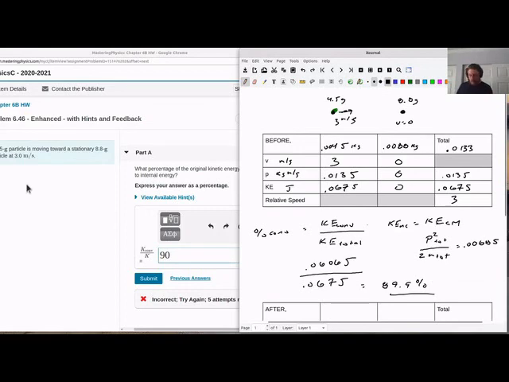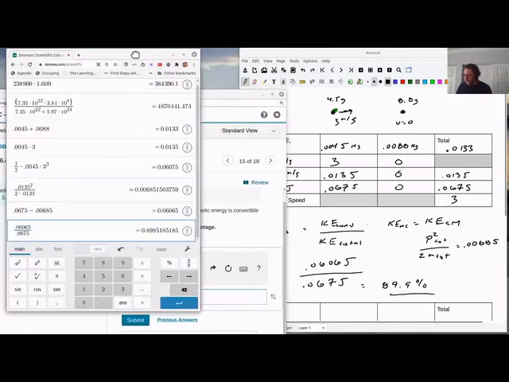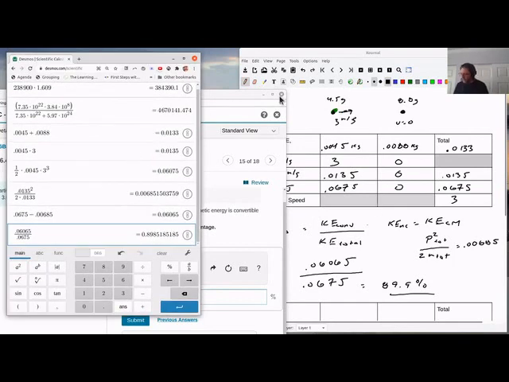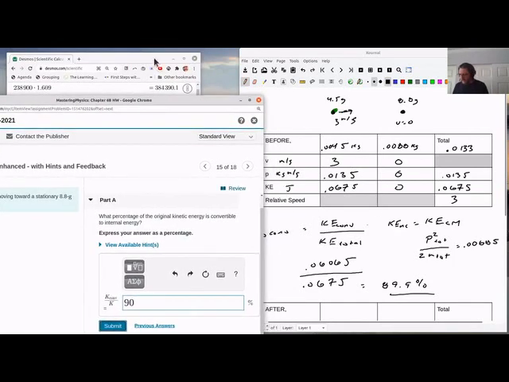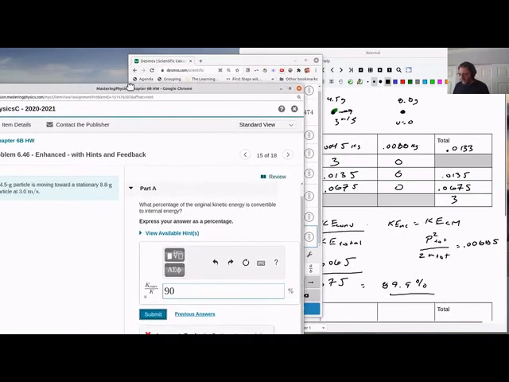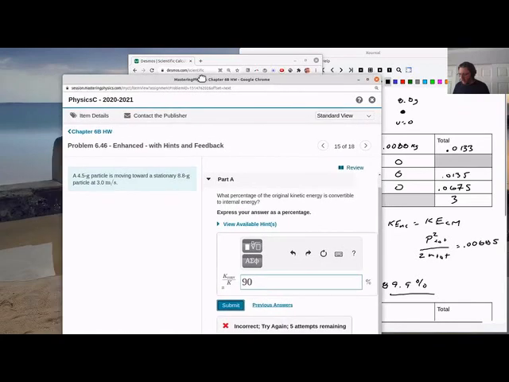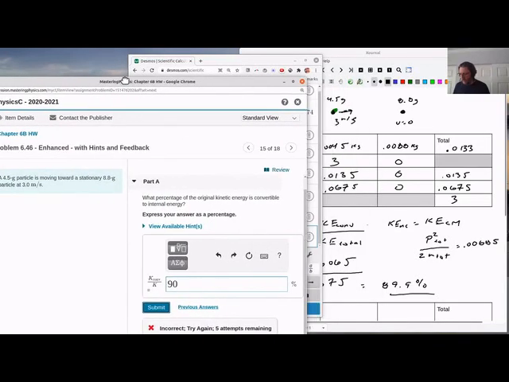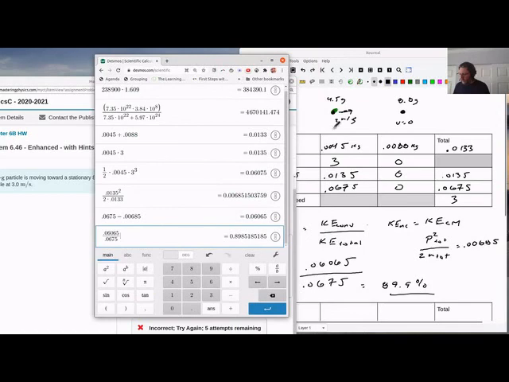Let's go to the calculator. To get the total, I need 1/2 times the mass of the moving thing, 0.0045 times 3 squared. Are those the right numbers for the mass and for the velocity? 0.0045 and 3. Okay, I'm okay with that.